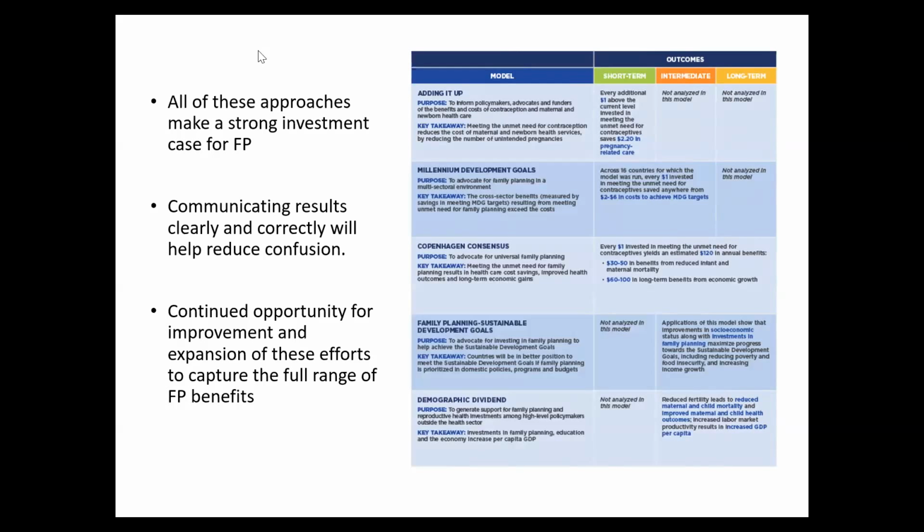And the Copenhagen consensus analysis was done in 2010. The actual numbers that they were able to rely on at that time were from 2008 to 2010, so they're almost a decade old. Some of the ways in which we've measured the costs of family planning and the benefits have changed. So if one were to redo that analysis, you could get different numbers just based on our better understanding of costs and of benefits.